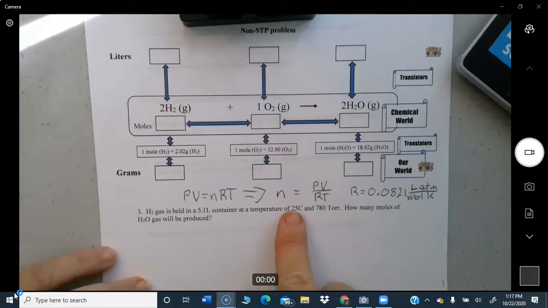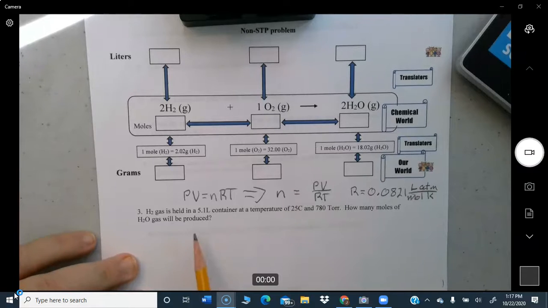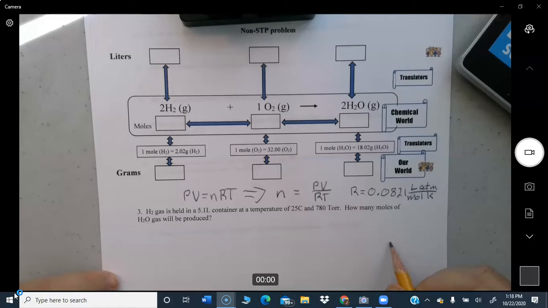So first we're going to have to figure out n. The question is saying H2 gas is held in a 5.1 liter container at a temperature of 25 degrees C and 780 torr. How many moles of H2O gas will be produced? Okay, so we're trying to get to H2O gas. So way over here, because we're going to need some real space on this.